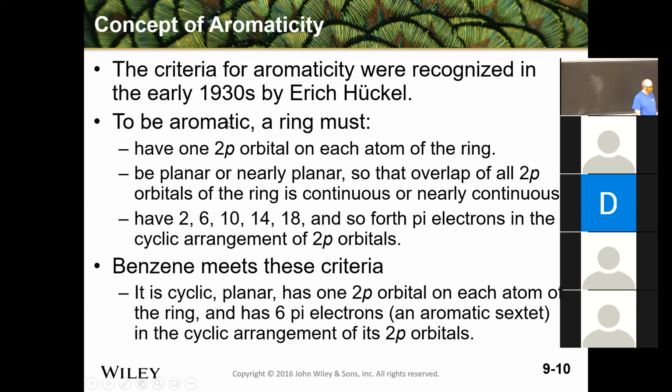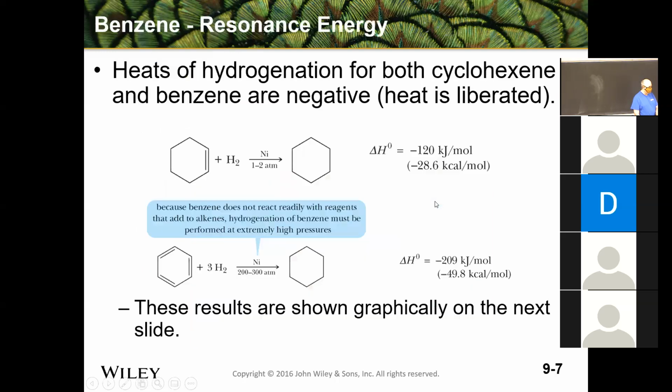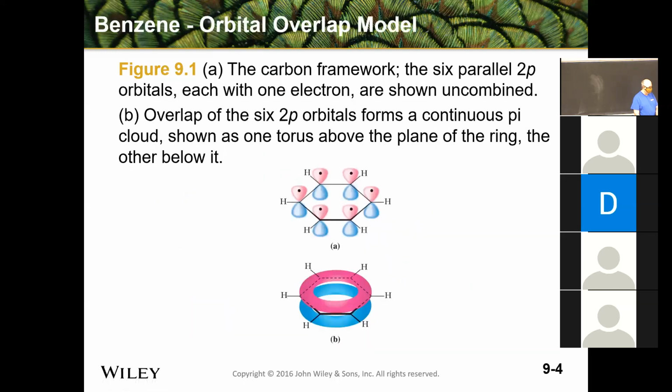But to be aromatic, you must have one 2p atomic orbital on each atom of the ring, and benzene meets that requirement. It must be planar or nearly planar, so that the overlap of all the 2p orbitals of the ring is continuous or nearly continuous.